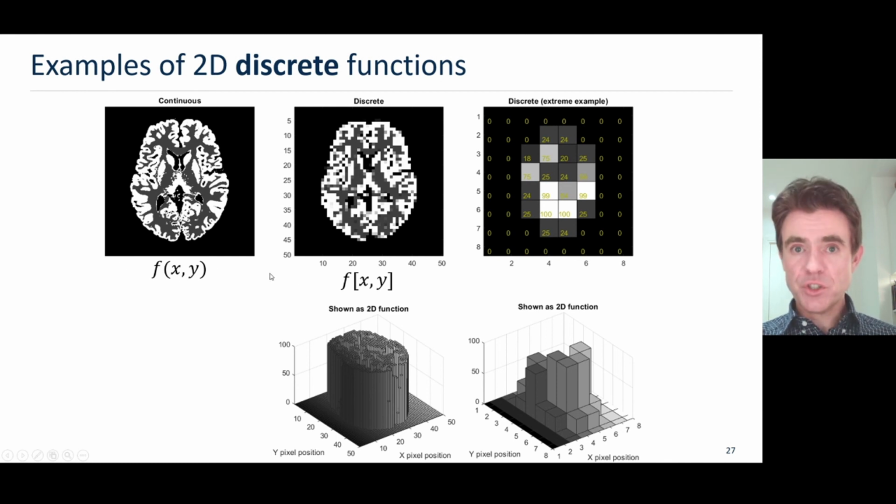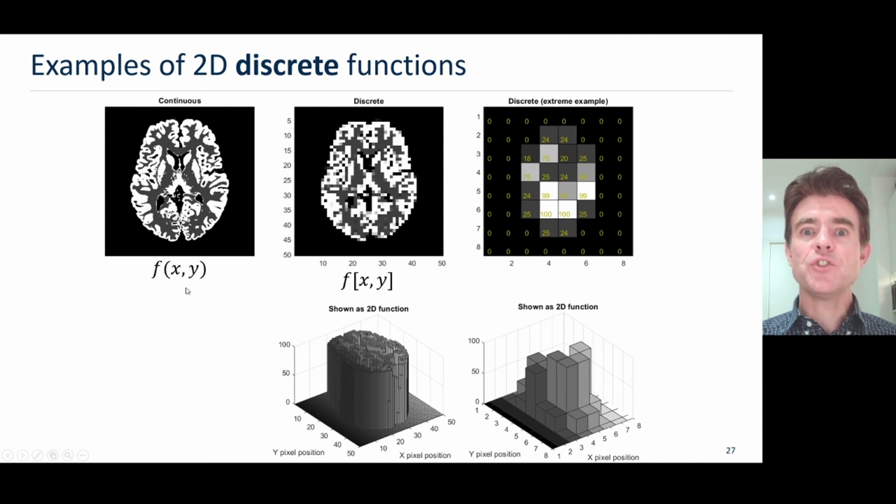We could discretize that, and I'm showing that explicitly with this pixelated version of the image. I'm swapping from the round brackets to the square brackets, and then showing down here what that function would look like if we were to represent it in the continuous domain.